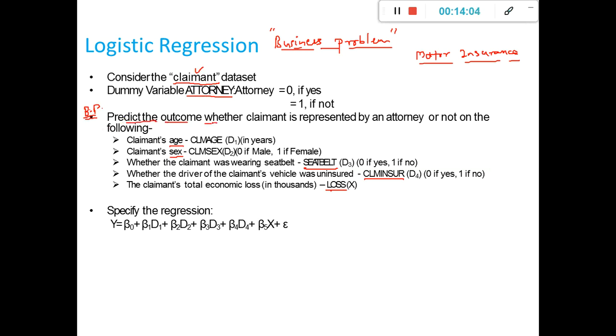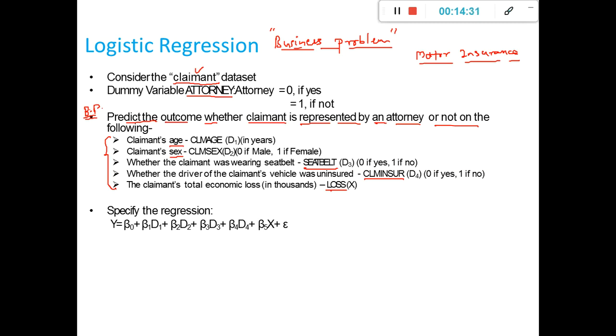What they are saying is, predict whether the claimant is represented by an attorney or not on the following factors. Claimant is nothing but the person who has taken the insurance policy from the company. Attorney is someone like an advocate.